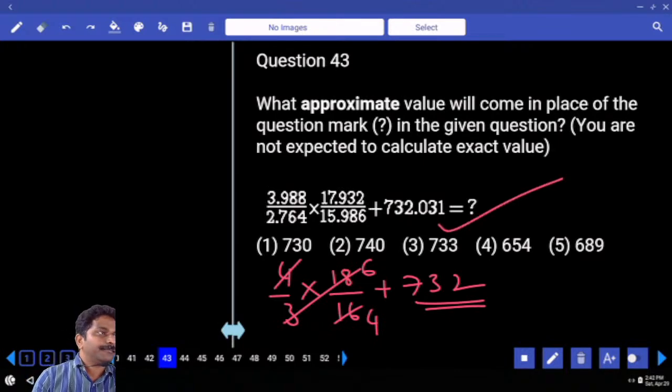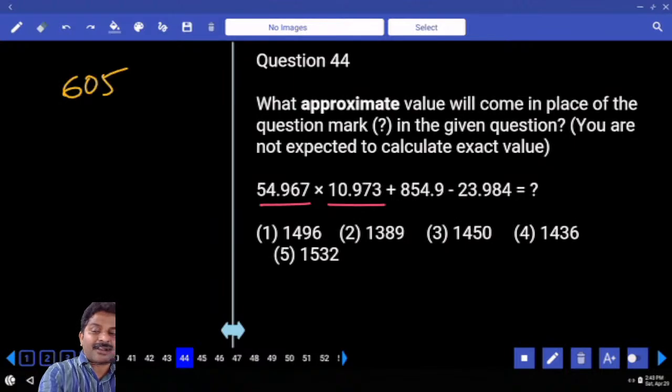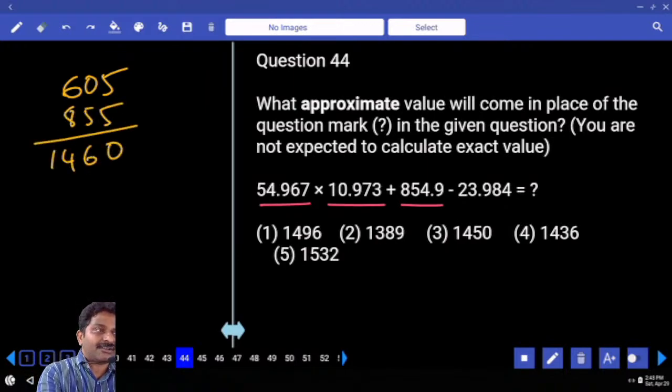There is only one. 55, how many times? 11 times, in the sense 10 times plus 1 time. 55 ten times is 550, plus 55. How much is this? 855.